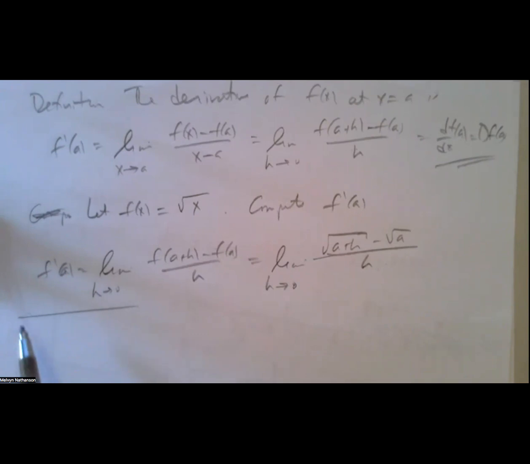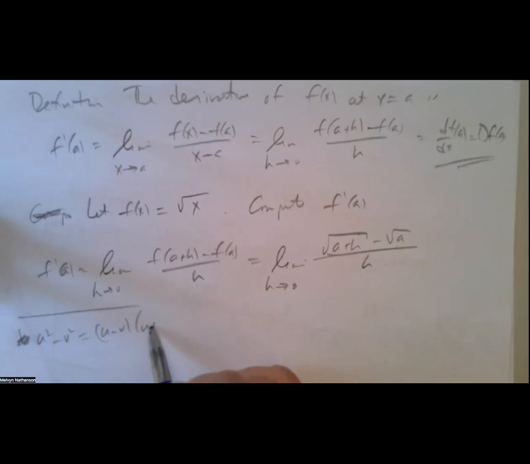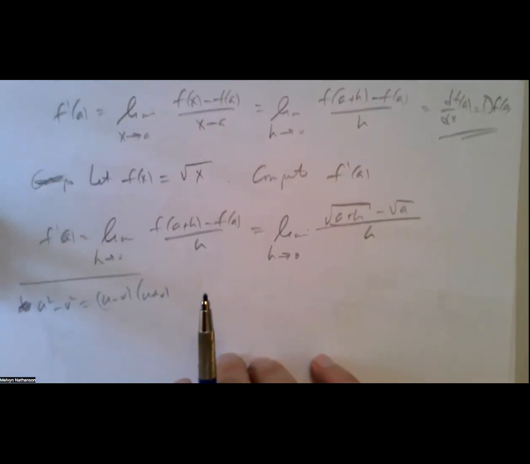And I can use the fact, which we use a lot in calculus, that u squared minus v squared is u minus v times u plus v. That's one of the basic algebraic formulas.